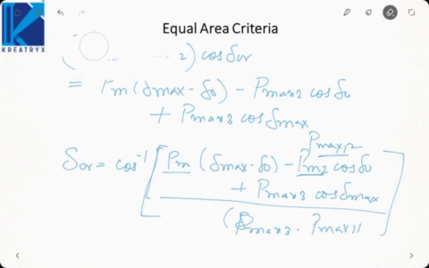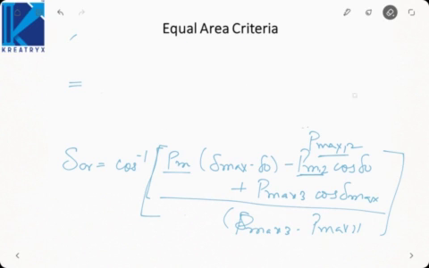Why? Because from here I can derive the first case also. How? In the first case, Pmax 3 was equal to Pmax 1 and Pmax 2 was 0.